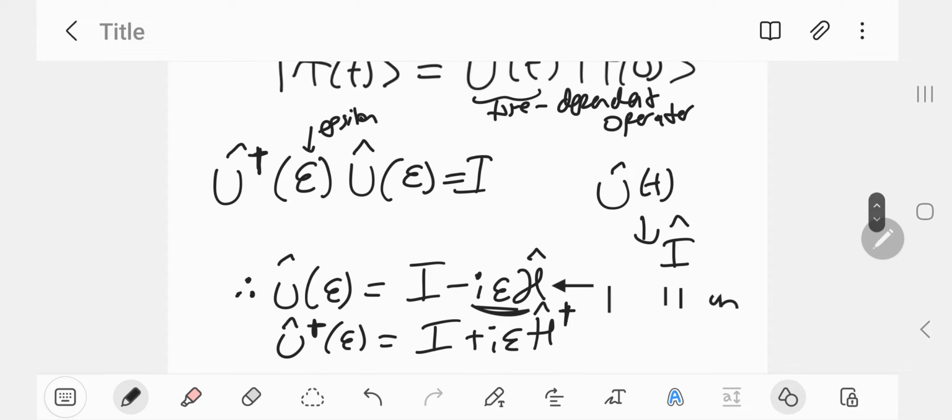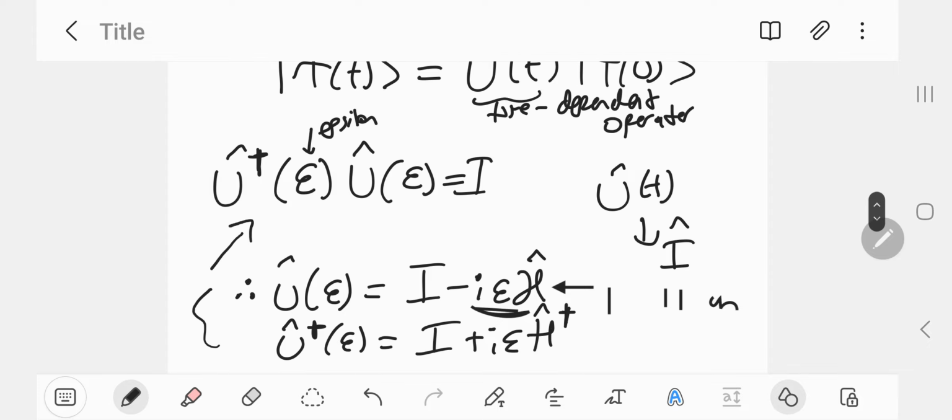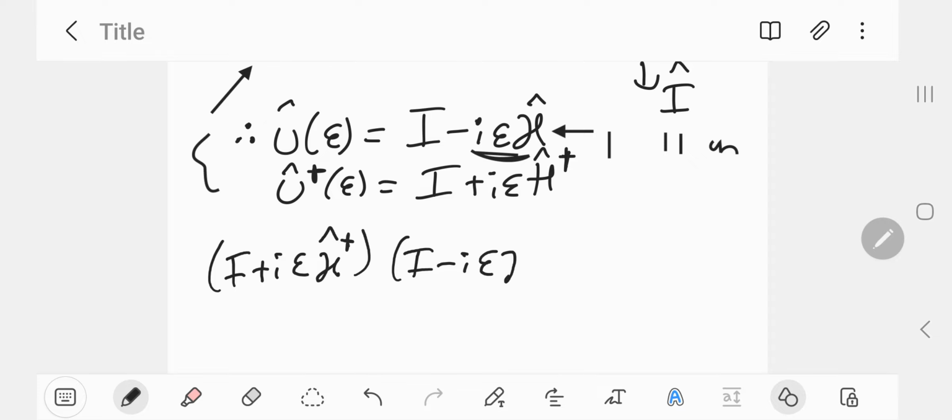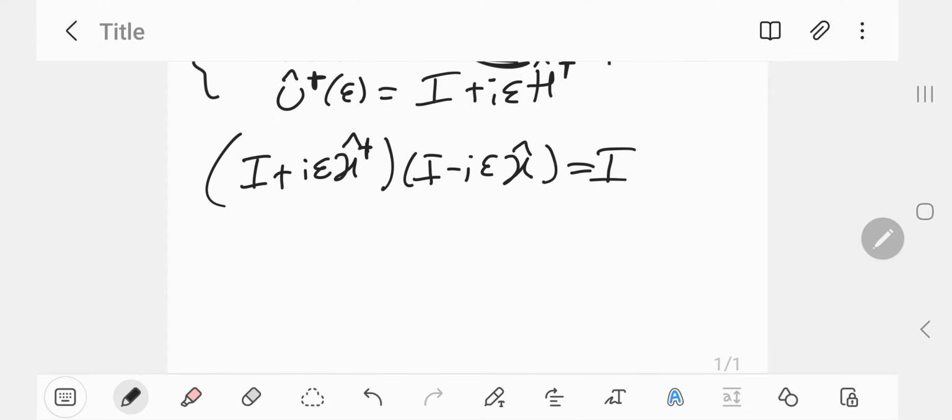Let's now substitute these two expressions into here. And we'll get the following: I plus I epsilon H dagger equals that. Let's expand the parentheses. This times this, minus that times that times this, minus that times that.